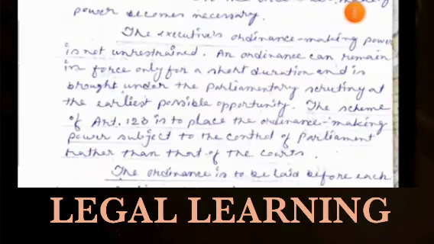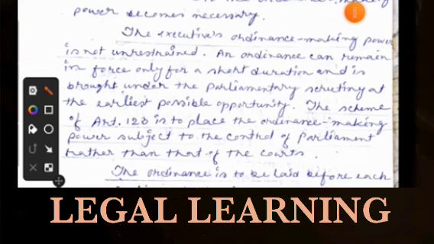However, it is to be noted that the ordinance making power is not unrestricted. That means it is not absolute. An ordinance can remain in force only for a short duration. That's why it is called a temporary law, and it is brought under parliamentary scrutiny. The Parliament will again scrutinize it at the earliest possible opportunity. The scheme of Article 123 is to place the ordinance making power subject to the control of the Parliament.